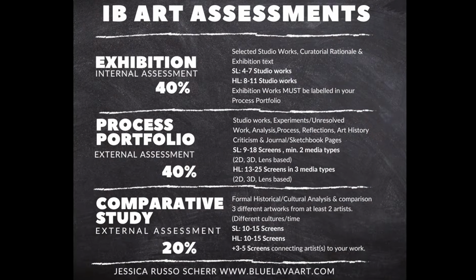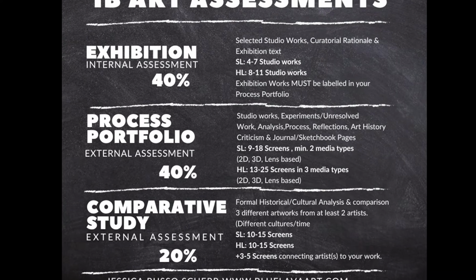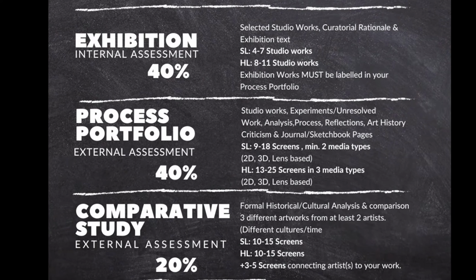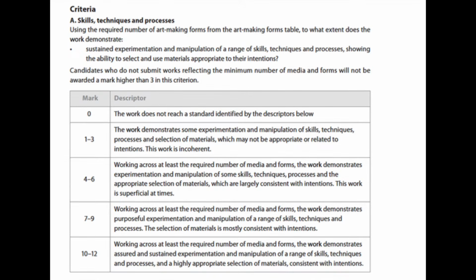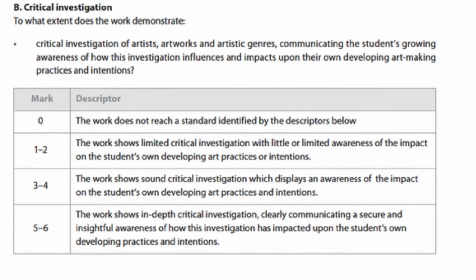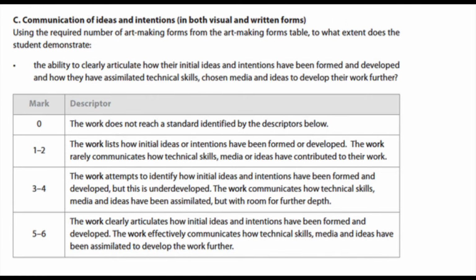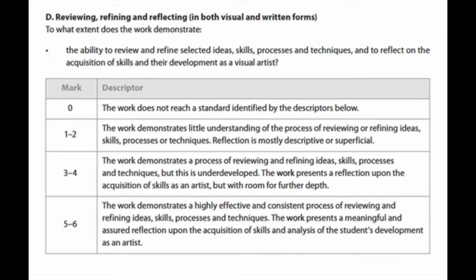And while we're at it, let's talk about the assessment criteria, because all in all, you need to know this frontwards and backwards to be successful in IB art. This is all outlined here, and you can pause to read or just Google search the assessment criteria.